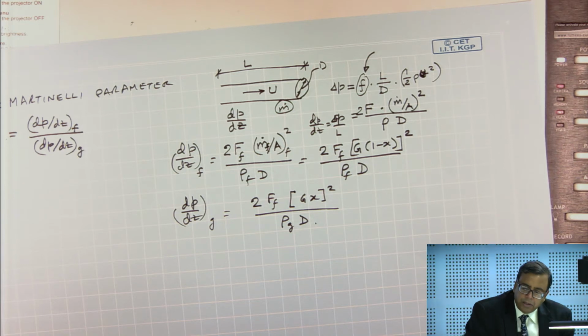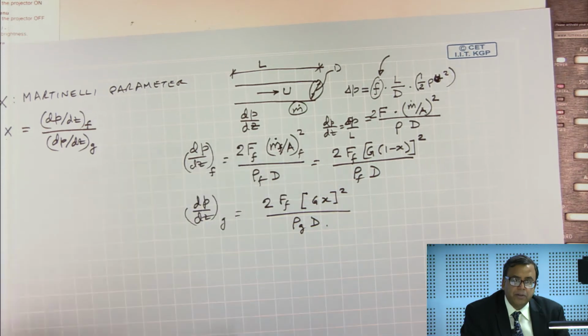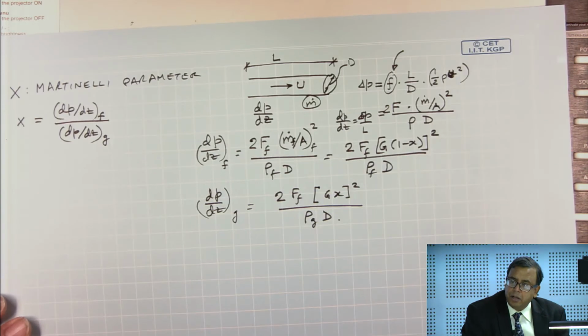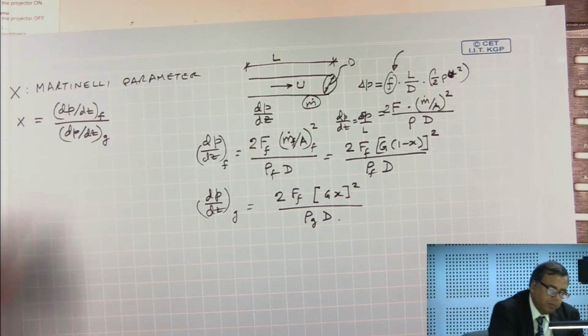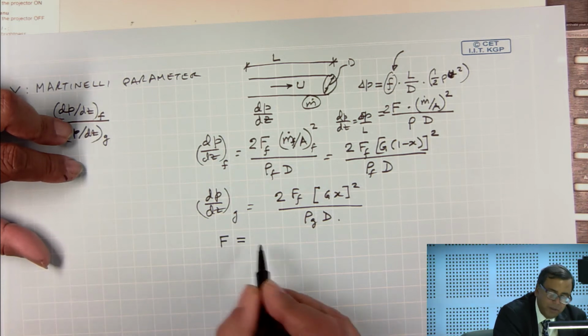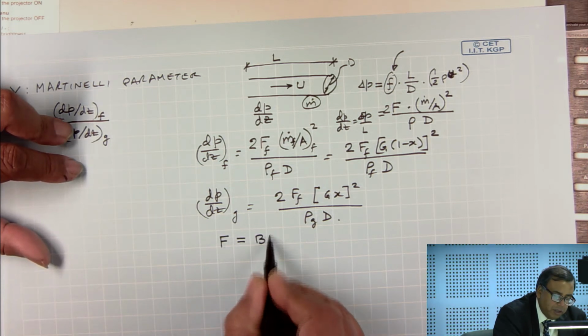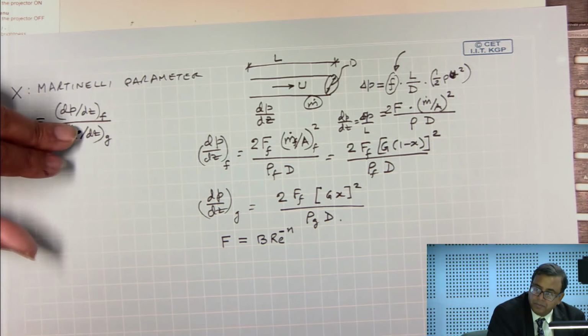So, now this friction factor F will be different when you have laminar flow and when you have turbulent flow. Okay. So, how do I define my friction factor F? My friction factor F will be some constant B times Reynolds number to the power of minus n. Okay.